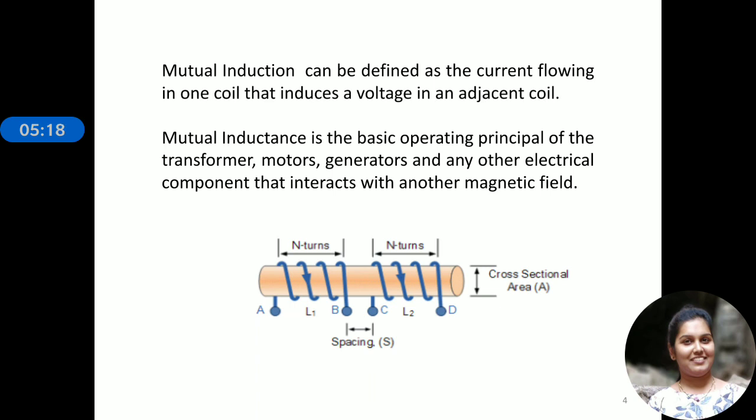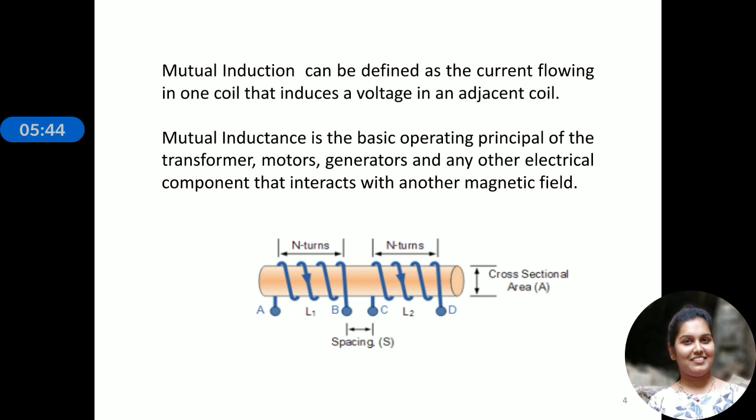We can now define mutual inductance as the current flowing in one coil that induces a voltage in the adjacent coil. The concept is very simple: the current flowing in the primary coil induces a voltage in the secondary coil, and that property is called mutual inductance.